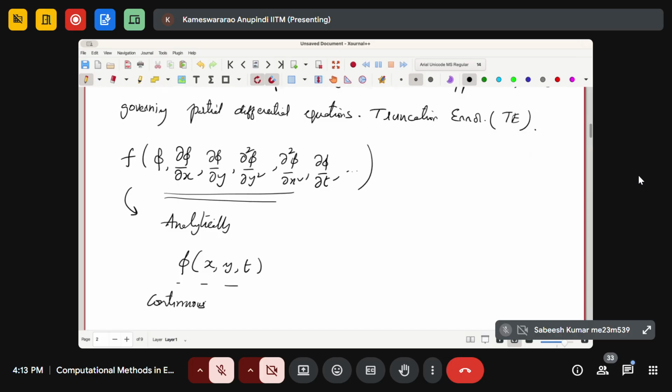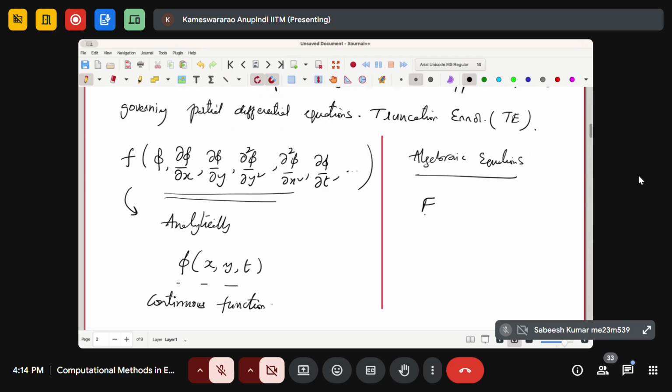That means I can substitute any value of x, y, and t into this, and I'm going to get the value of phi, right? But on the other hand, if you look at the corresponding algebraic equation, if we have converted all these things into a set of algebraic equations, then we may end up with some function capital F.